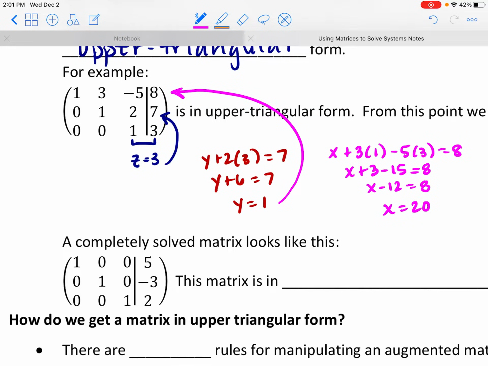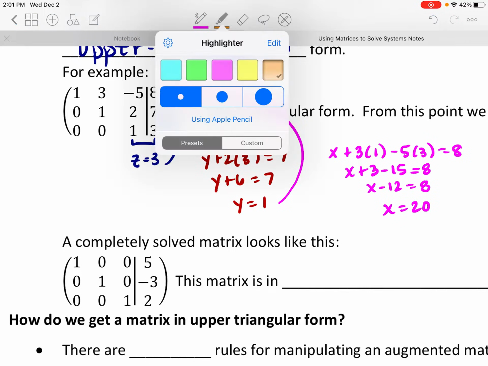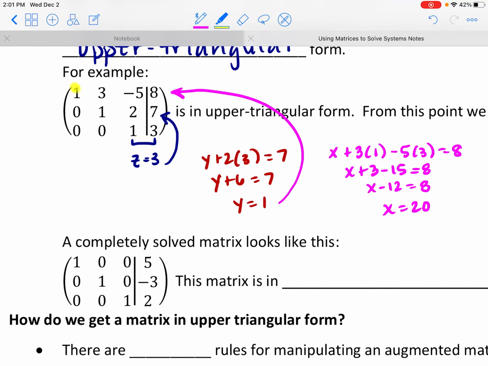So the goal is to get it into this upper triangular form, which means we want ones along the diagonal, and we want zeros below in the triangle below those ones. Okay, so that is upper triangular form. Ones diagonally, zeros below, and then we can use back substitution to solve.